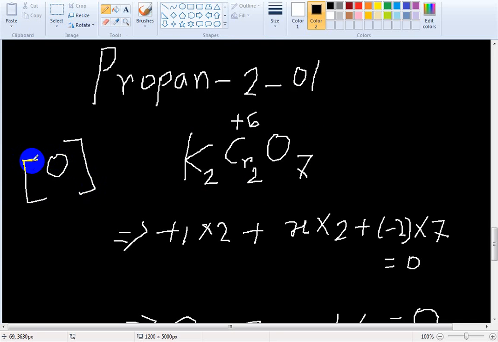It is a complicated reaction, so we simply write the oxidizing agent as oxygen in square brackets.